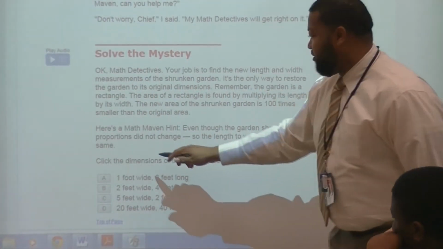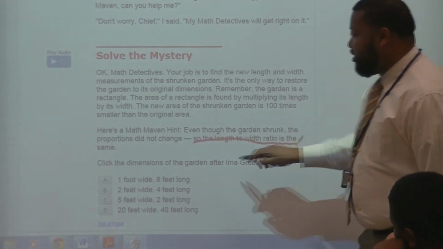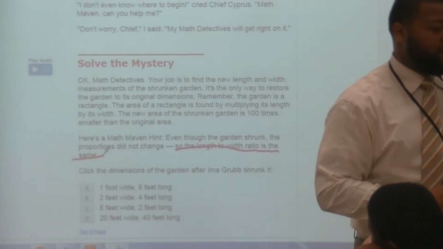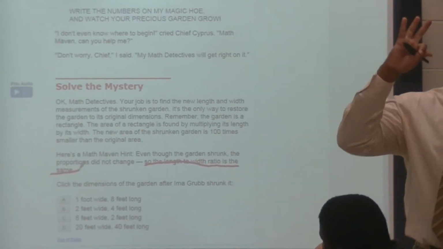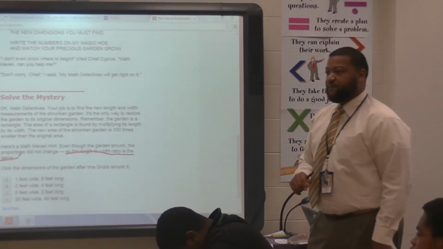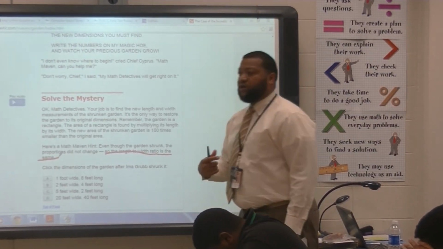They didn't change, so the length to width ratio is still the same. Underline. You should underline what's going to help you solve. So now there are three things that are going to help us solve. The length to width ratio is the same. Once was 800, now 100 times smaller.